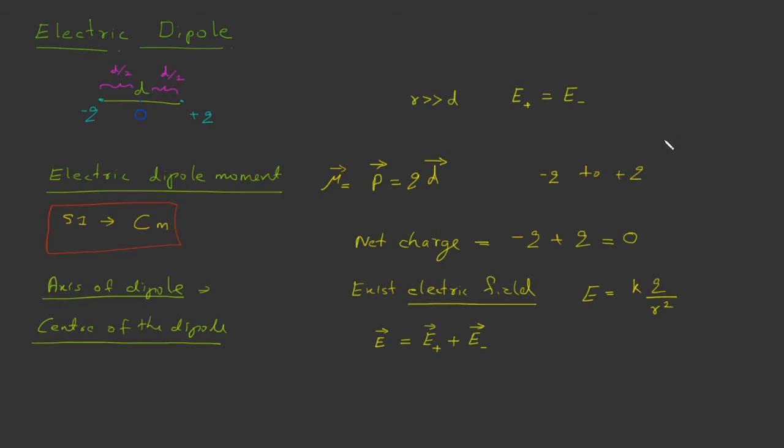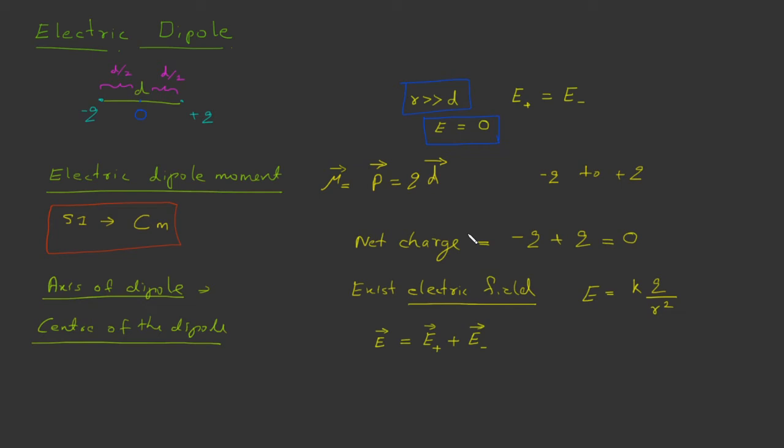But we know they are in opposite direction. So they will almost cancel out. So as a result, the net electric field at a point far away from the electric dipole is 0. So the resultant electric field at a point far away from the electric dipole is 0 or negligible.